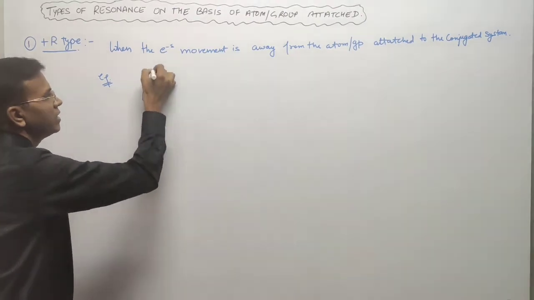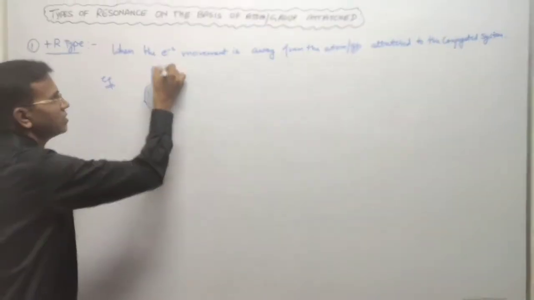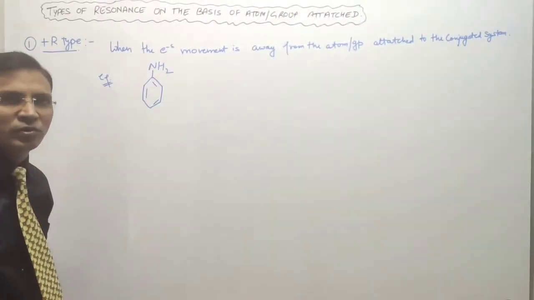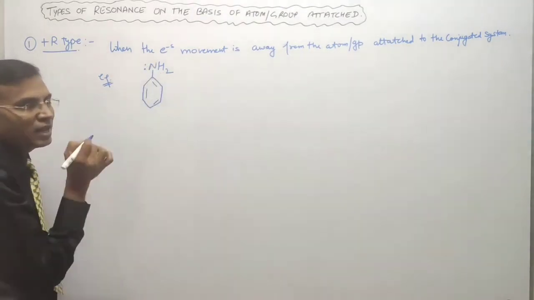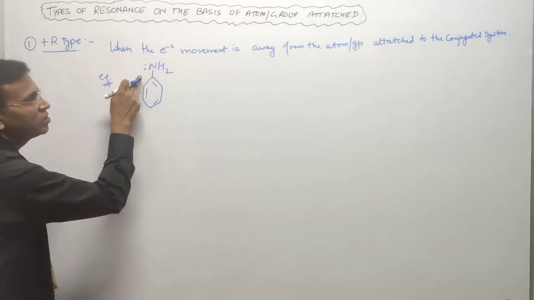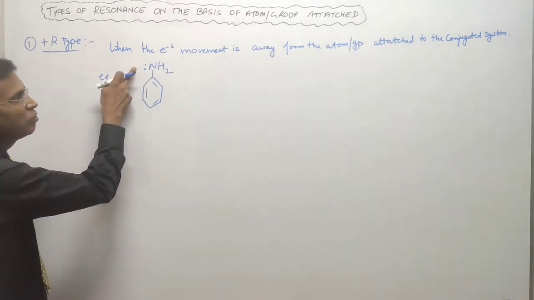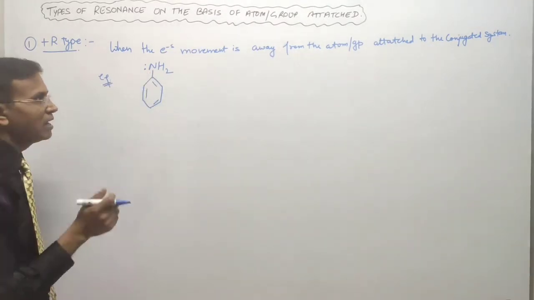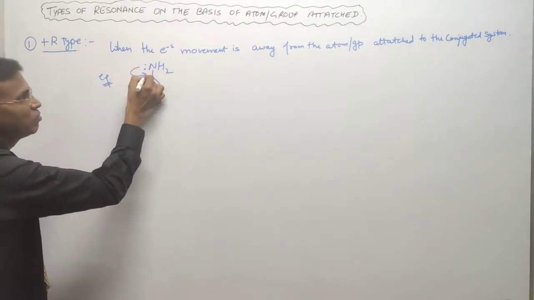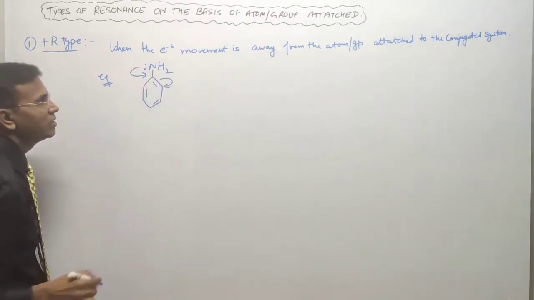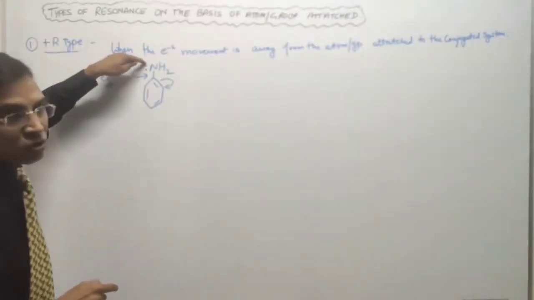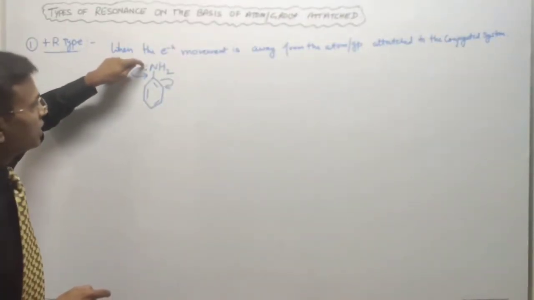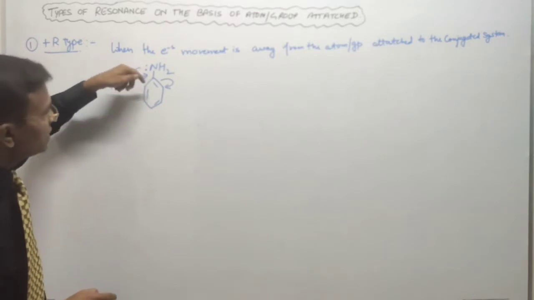Suppose here is a species, aniline is given to you, right? And you know the lone pair of electrons is present on the nitrogen atom. So it is in conjugation with the benzene ring: lone pair, single bond, and pi electrons. So when it delocalizes with the benzene ring, you may observe that the electrons present on the nitrogen atom delocalize in the benzene ring.